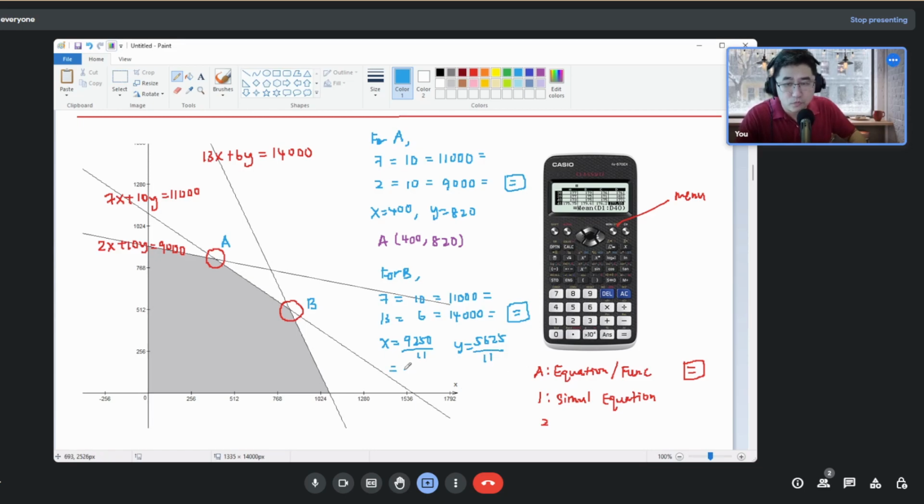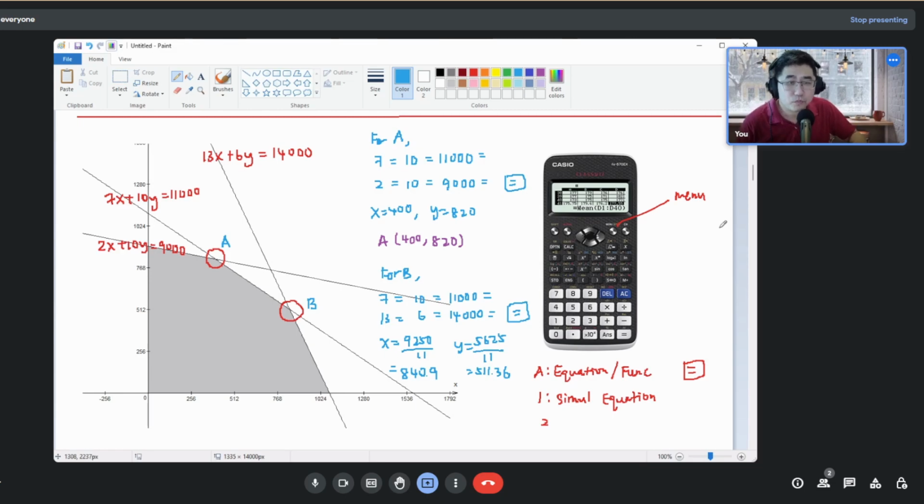5625 over 11 is about 511.36, and 9250 over 11 will be about 840.9.